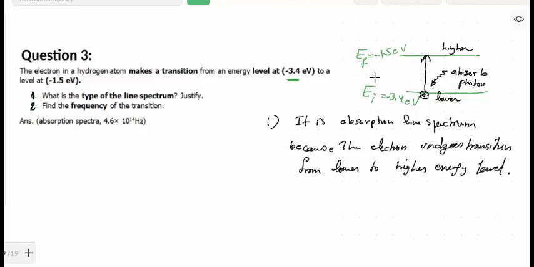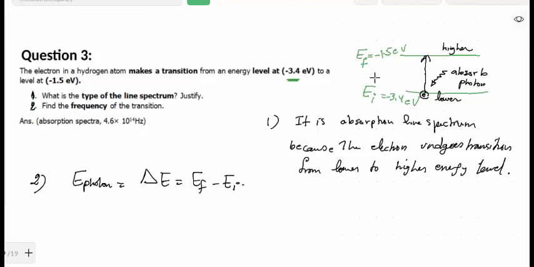Okay. Part number 2. Find the frequency of this transition. So simply, the frequency is inside the E photon, right? Which is equal to the change in energy, E final minus E initial.